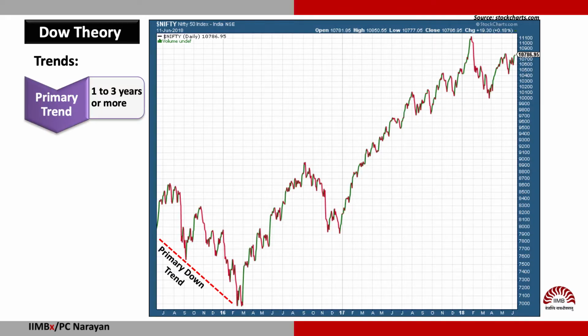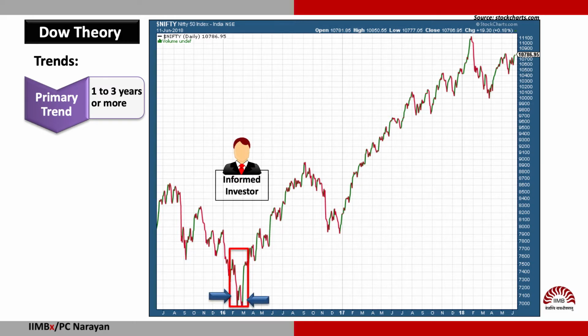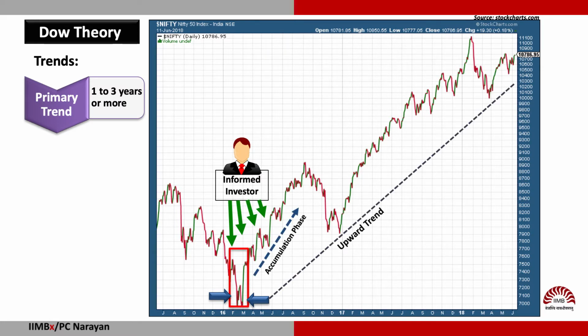The worst of the bear market, that is a primary downtrend, is arrested when informed investors enter the market at the low levels and the accumulation phase of the primary upward trend commences, and then the cycle repeats itself.